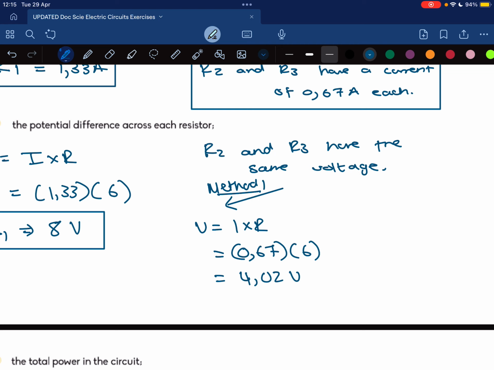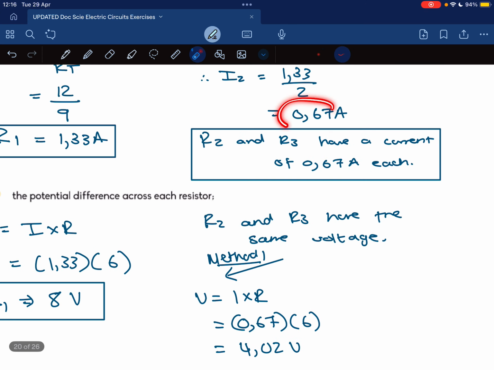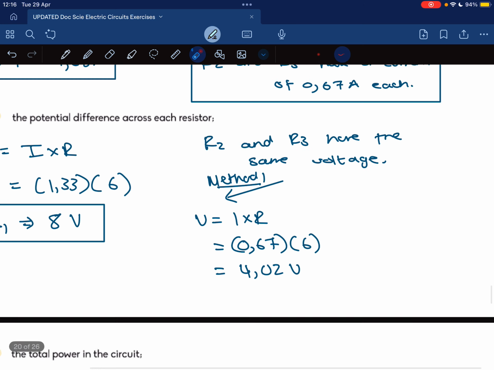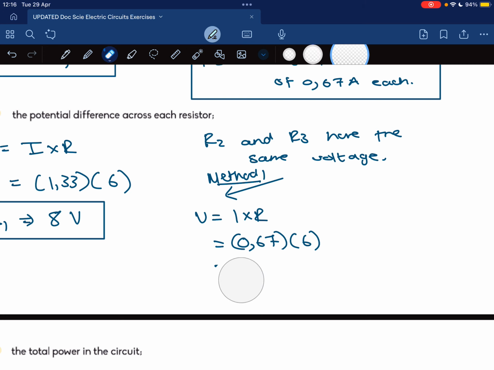Okay, it's important to remember that this answer is rounded off. If you actually use the unrounded answer, because it's not 0.67 but 0.6666 and so it continues, you would see you actually get 3.9999. So it actually should be equal to 4 volts.